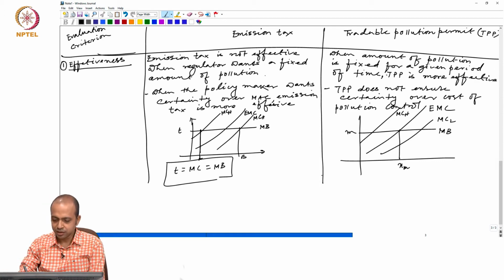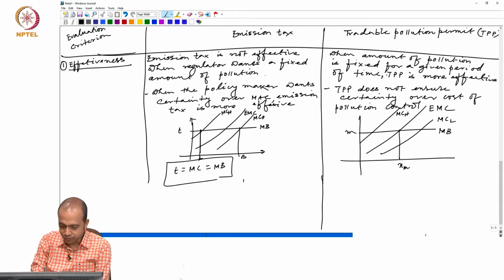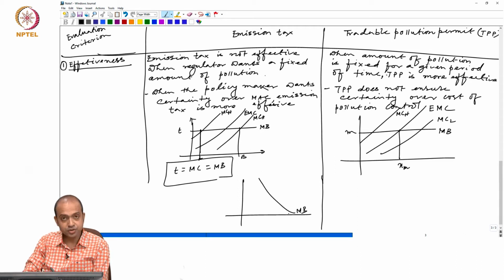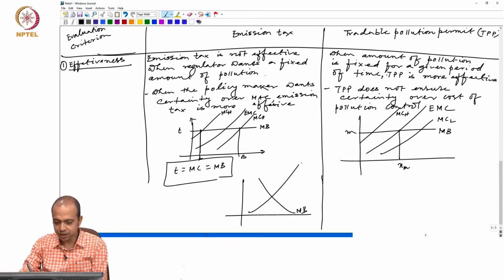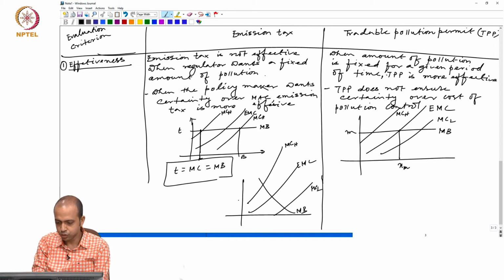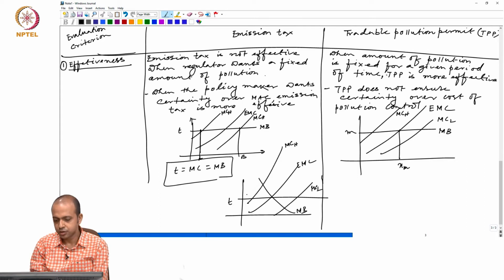And on the other hand, we have also discussed when the marginal benefit is a steep straight line, and let us say this is the expected marginal cost, this is MC high, this is MC low, this is the tax. So, we will say that there is a divergence between what the society wants, MB equals MC, and what the private firm will do.